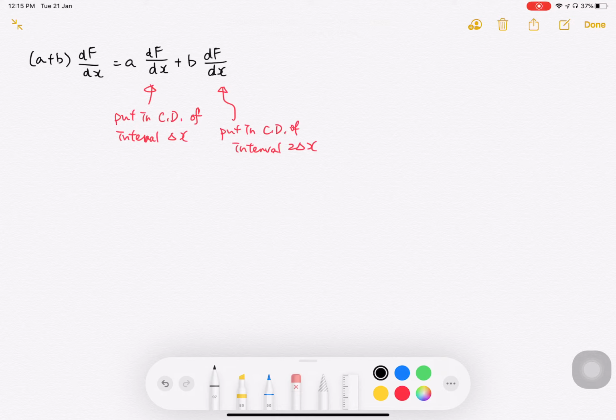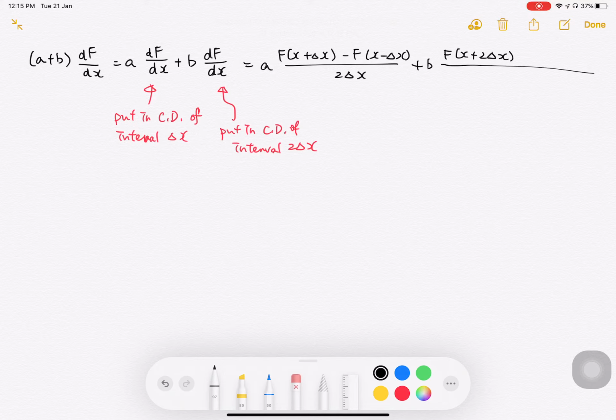Okay, how do we do that? Okay, I'll rewrite this. And then we have to write the rest of the error terms.